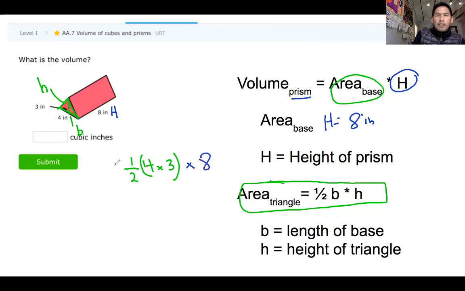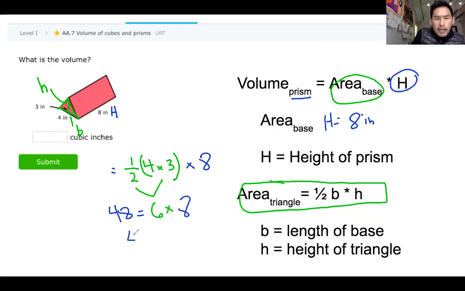And that's going to give us the volume of the prism. So 4 times 3 is 12. Half of 12 is 6. So this is 6 times our height, which is 8. And we know the volume of our prism is 48. 6 times 8 is 48.